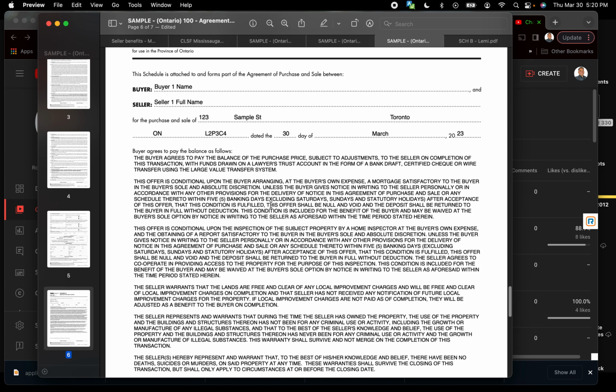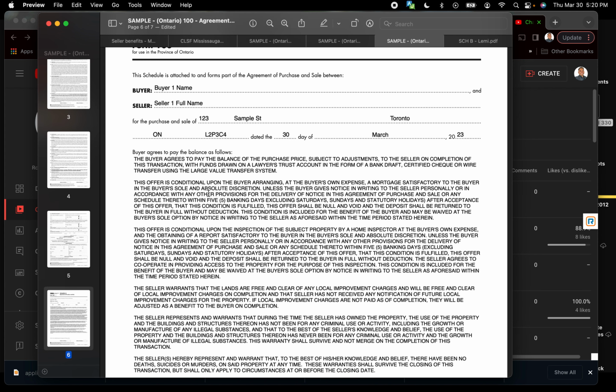So what this means is that if this offer does get accepted, we have 5 banking days to take this agreement of purchase and sale and give it to the bank, and the bank gives us a commitment letter. If for whatever reason, God forbid, the bank says no, you're not approved, we are welcome to back out of the deal and not proceed, and the deposit is given back to us.